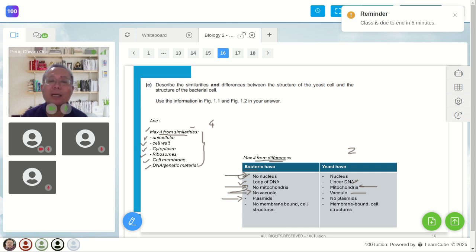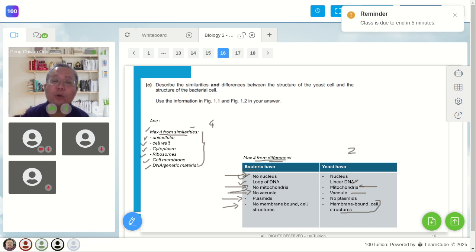And if you remember, in bacteria, they have no membrane-bound cell structures. One of these structures is your mitochondria. The membrane-bound cell structures include your mitochondria.